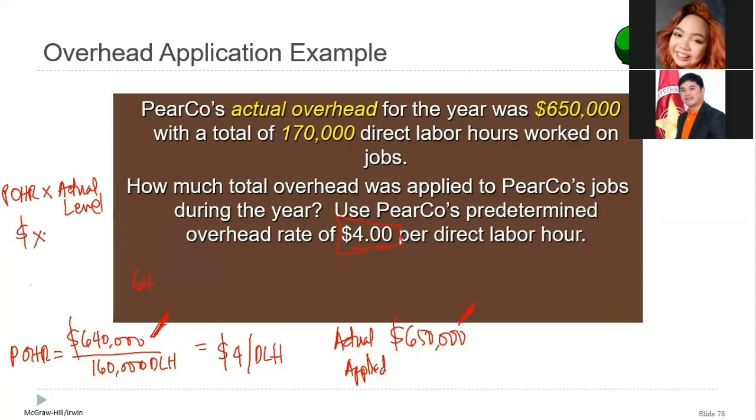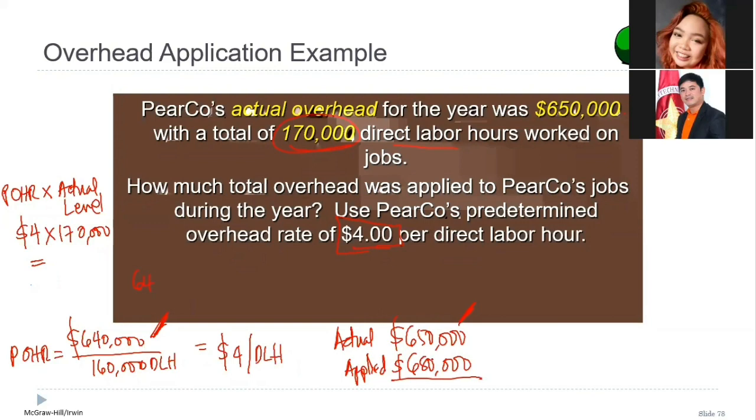Ano ba yung actual level of activity natin? Kung ano yung cost driver natin, ano ba yung actual nun? 170,000 direct labor hours. Kaya ano nangyari? Ayan. So $4 times 170,000. So magkano po ang ating applied overhead? That is $680,000.